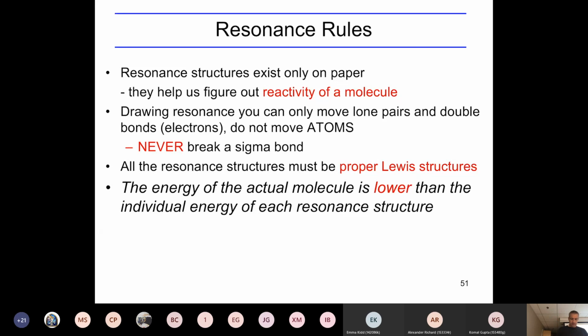So the example I think we did in class was the acetate anion, and this would have a resonance structure. Notice the arrow I used here, the double-ended arrow. It would have a resonance structure that looks like this.